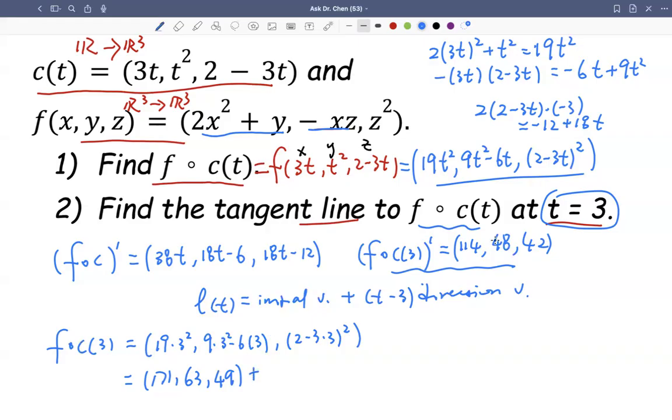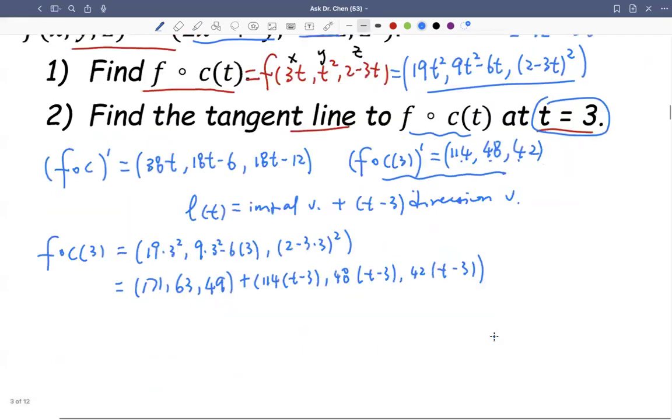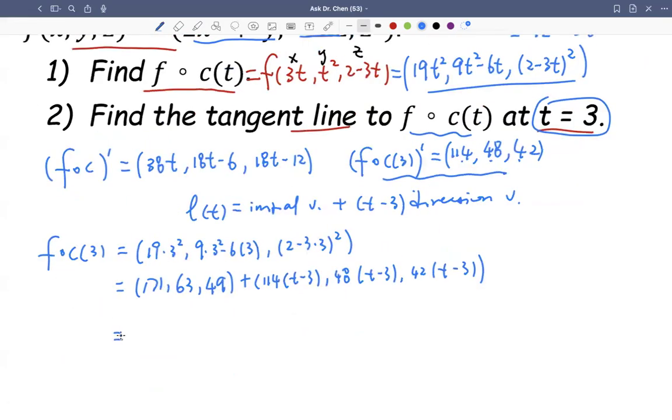Now the direction vector is this, right? Let's just plug in. So I have t minus 3 times each one of these. So we get 114 times t minus 3, 48 times t minus 3, and 42 times t minus 3. Now we just have to simplify it. The initial vector, we just leave here.